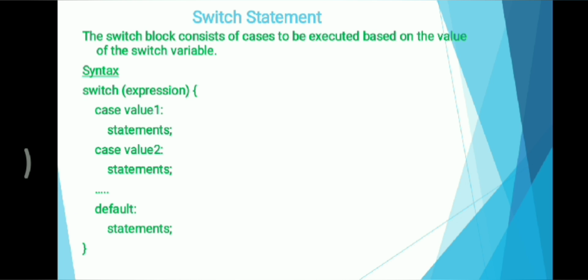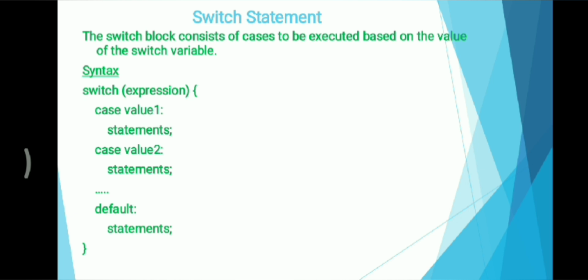If it is matched with any one of the case values, those statements will work. So switch is a keyword, within the parenthesis you are going to give any one value. Within the switch we can mention the cases, which are enclosed by curly brackets. Here case is a keyword, after that you have to give the value, and at the end you have to give a colon.